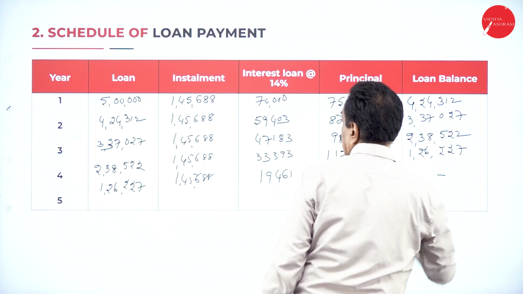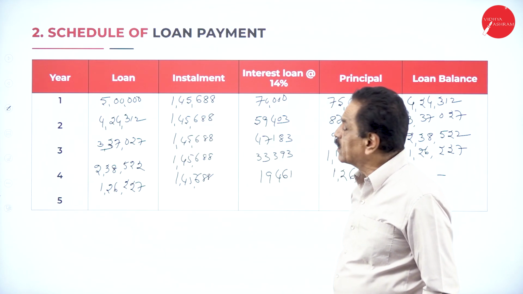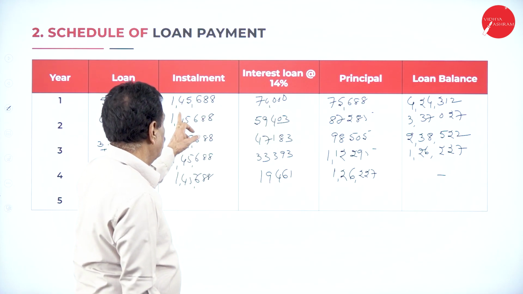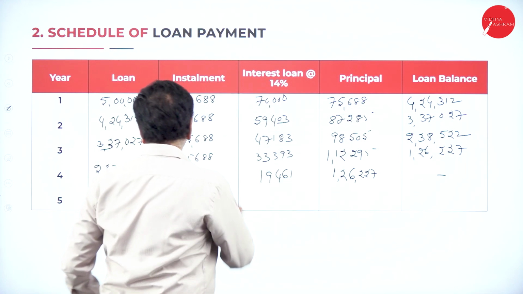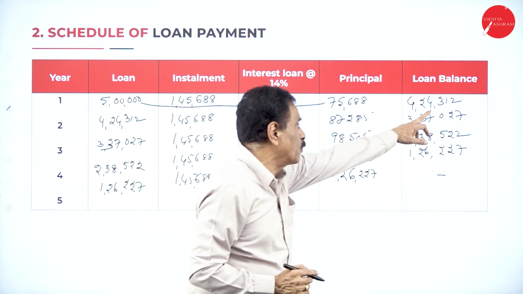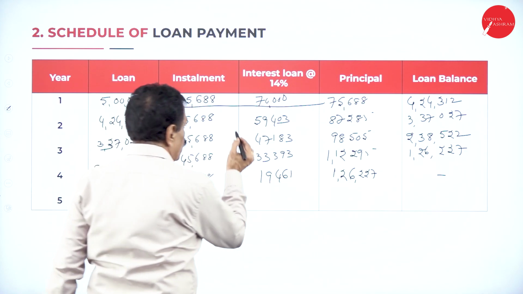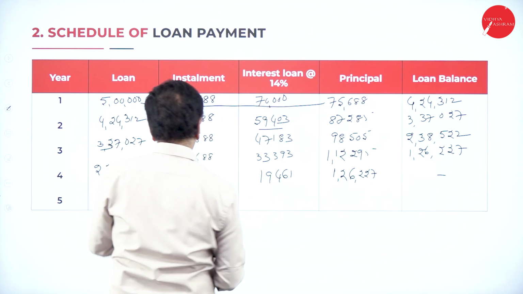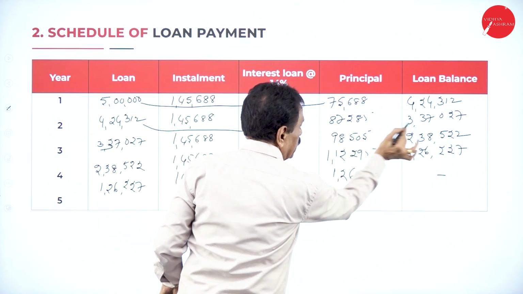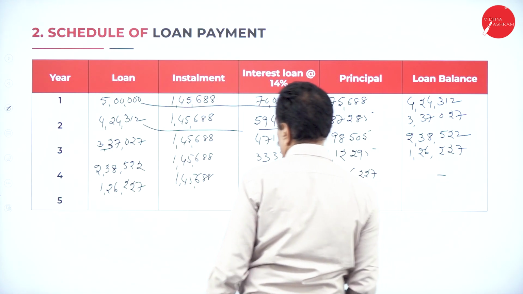So here, for 5 lakh the installment is 1 lakh 45,688. 14% of this is 70,000. If we deduct 75,688 from this figure, the balance is 4,24,312. On this you calculate the 14%, and deduct it from 1,45,688. In the last installment, you have to pay 1,26,227.